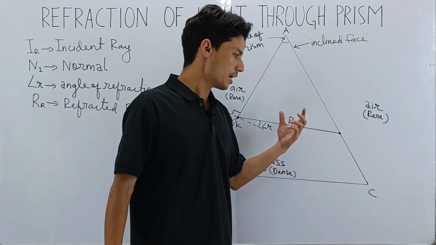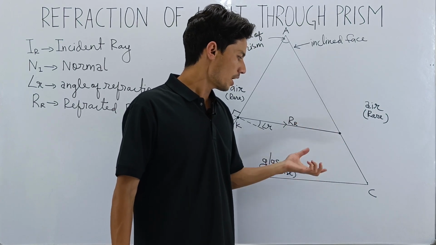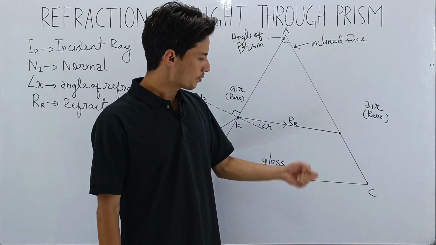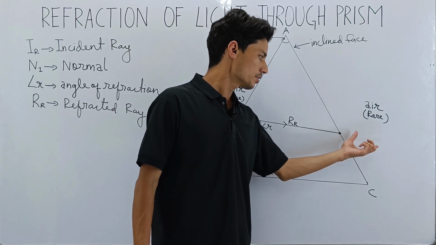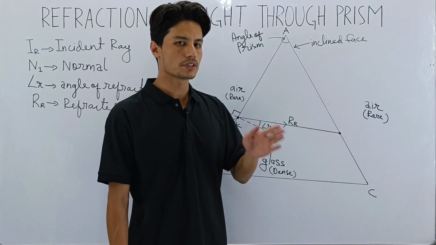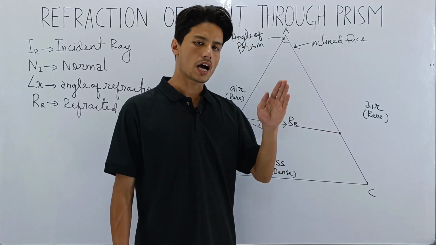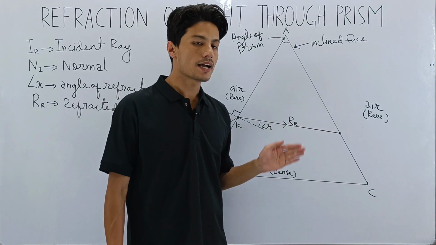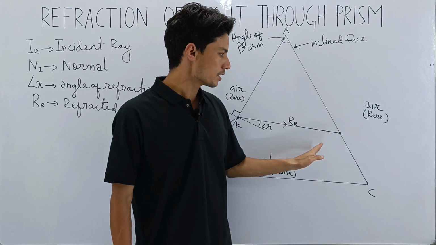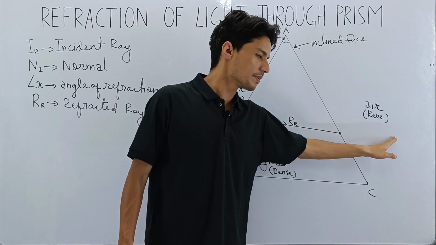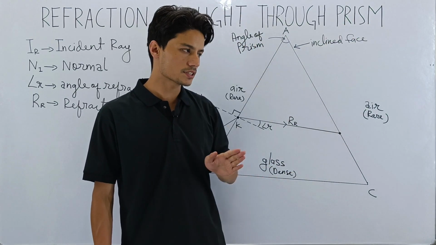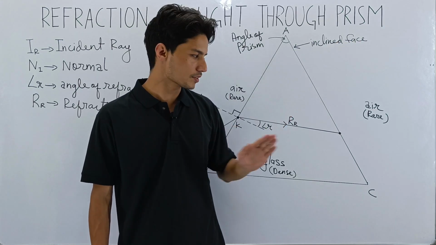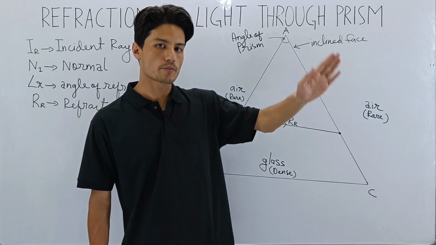So again you have to tell me, how will bending take place when light enters from a dense medium to a rare medium? Towards the normal or away from the normal? What is your answer? Yes, this time it will be away from the normal, since light will exit to a rare medium, light will travel faster, so this time it will go far away from the normal.